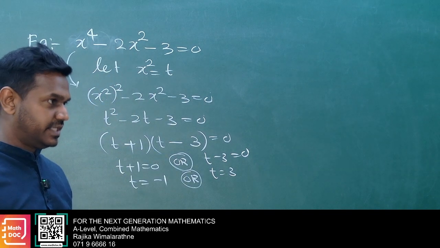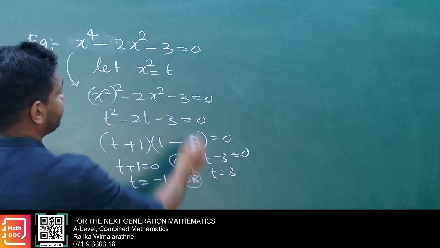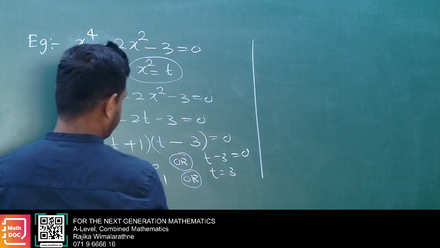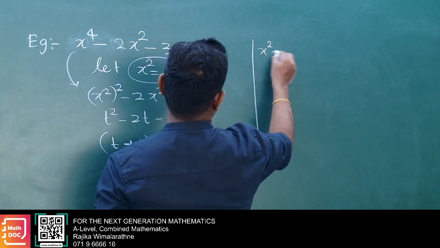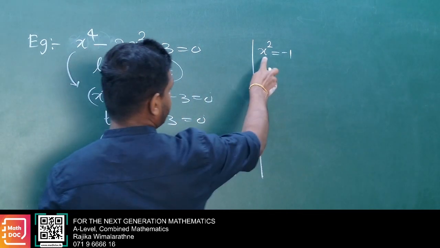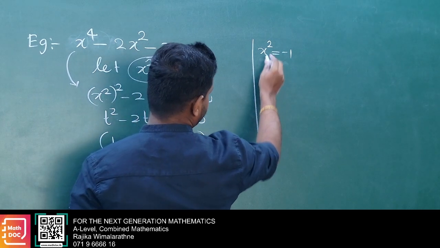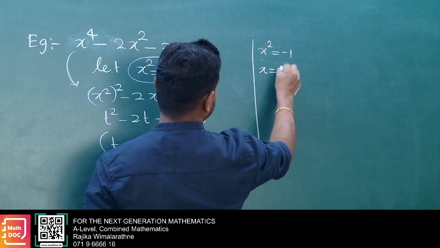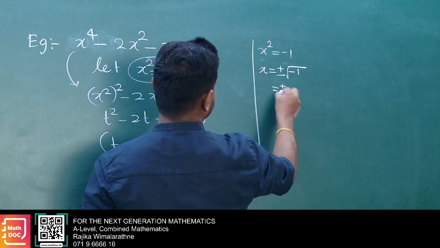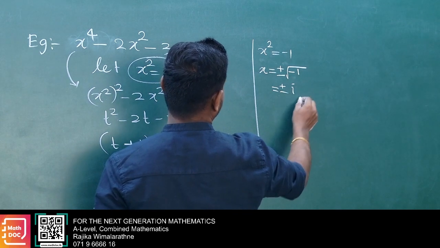But we know t is x squared, no? Then t equals x squared, so x squared equals minus 1. We know this one gives non-real solutions, but anyway we can solve this. x equals plus or minus root of minus 1, that is plus or minus i.